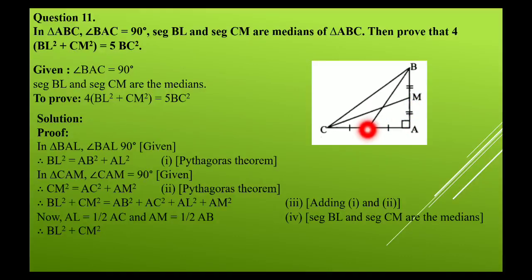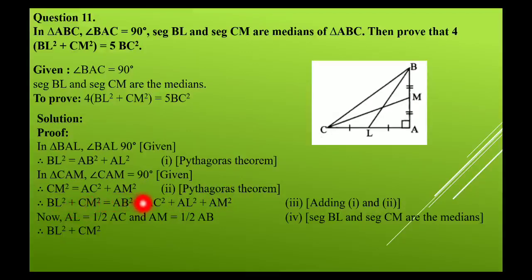Now in triangle CAM, this triangle, Pythagoras theorem: CM square is equal to AC square plus AM square. Now this is also Pythagoras theorem.